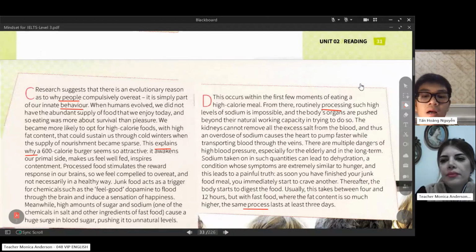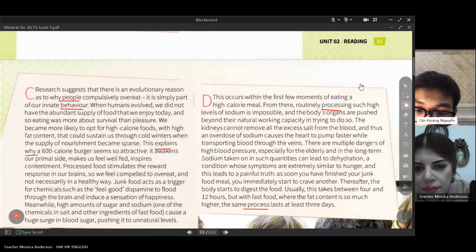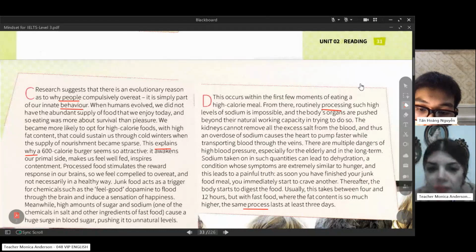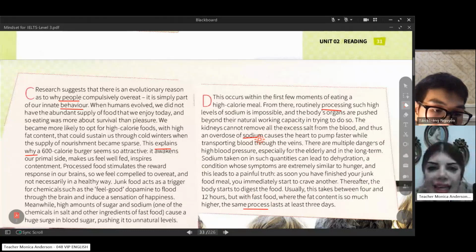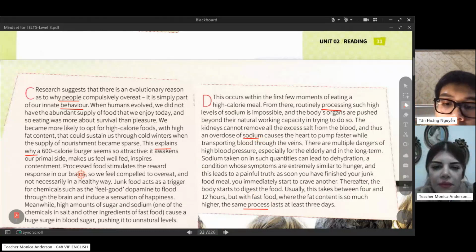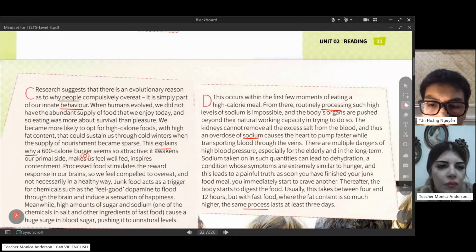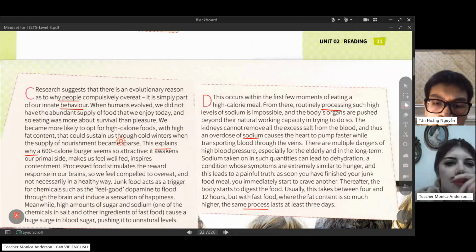Oh, I think that's sodium. Sodium, of course. Let's find something else.